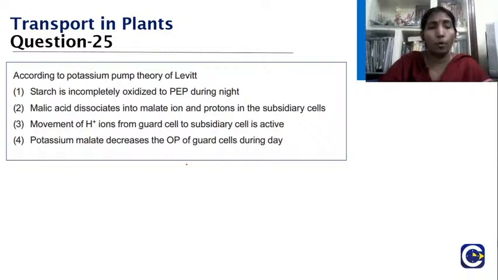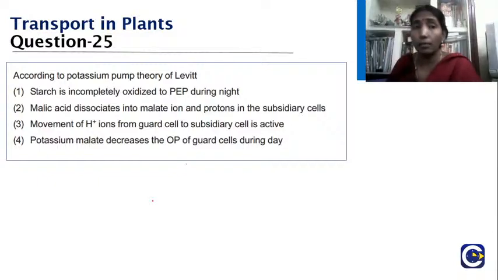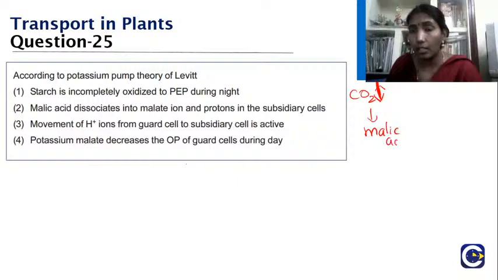We already spoke about what you called the potassium pump theory. So what should be your option? Yes, I am looking at your answer. We saw that during the daytime, when carbon dioxide concentration decreases, malic acid in the guard cell dissociates into malate.